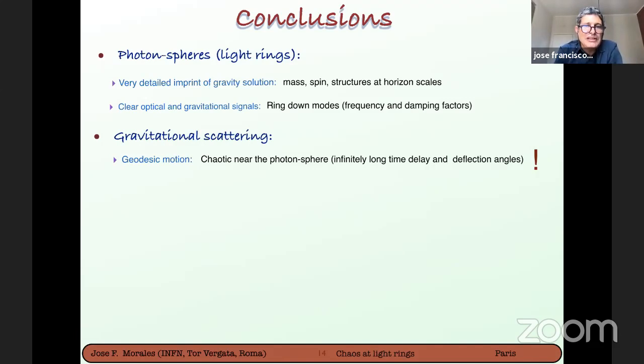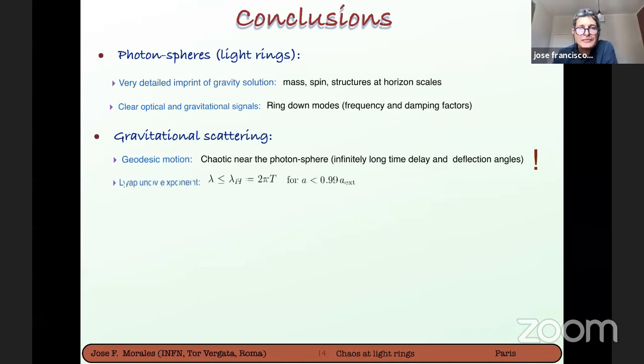But it's nice to see that geodesics display near the photosphere a chaotic behavior that captures the information about the Lyapunov exponent, which I think is a very profound concept in black hole physics, and we should pay more attention to it.